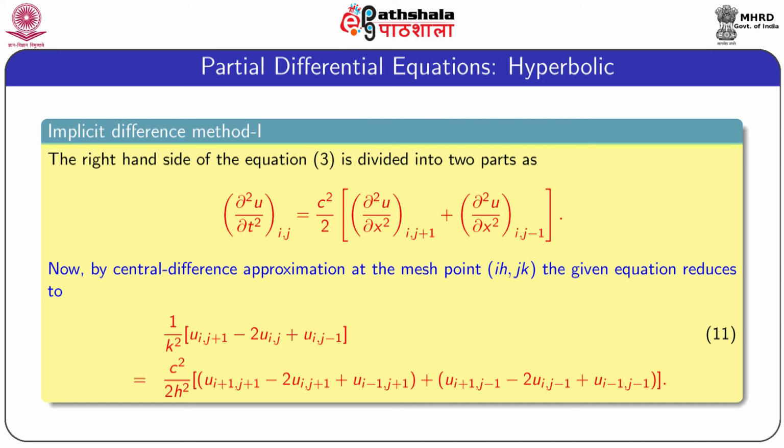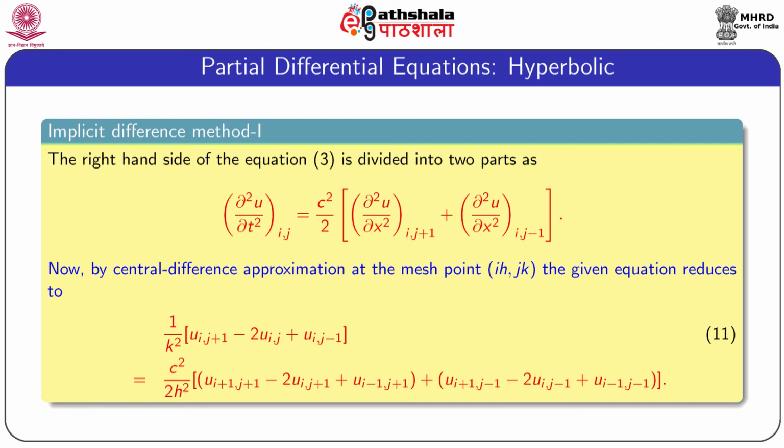That means the value of t is taken at the time level j+1, and the second term is approximated as u(i+1, j-1) minus 2 into u(i, j-1) plus u(i-1, j-1). In the first term, the subscript for j is j+1, and in the second term, the subscript for j is j-1. So this is the implicit formula to solve the hyperbolic equation.